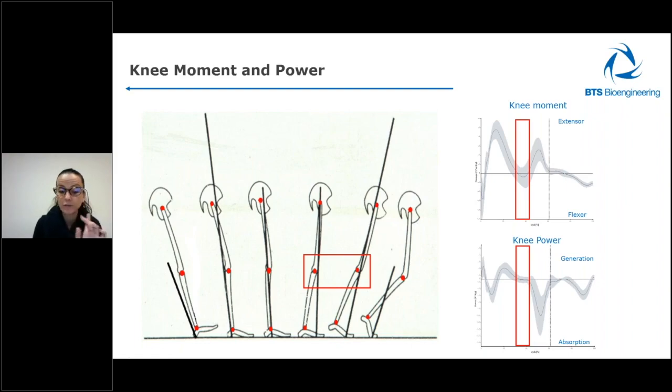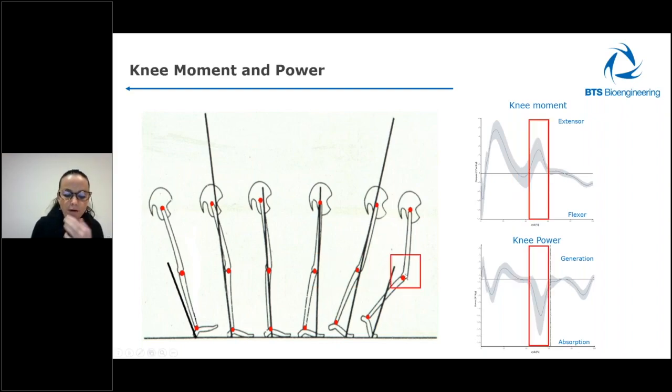Let's remember that a few minutes ago, I said that the plantar flexor muscles are working in eccentric way on the ankle. The plantar flexor muscles, such as medial and lateral gastrocnemius, are biarticular muscles. And in this phase, they also have an action on the knee.